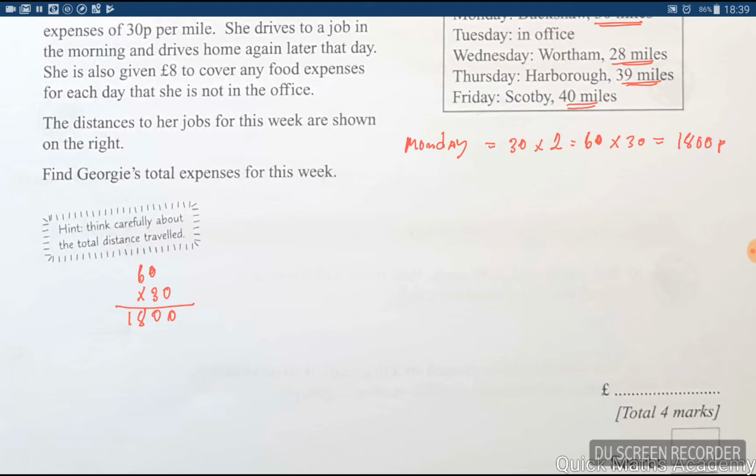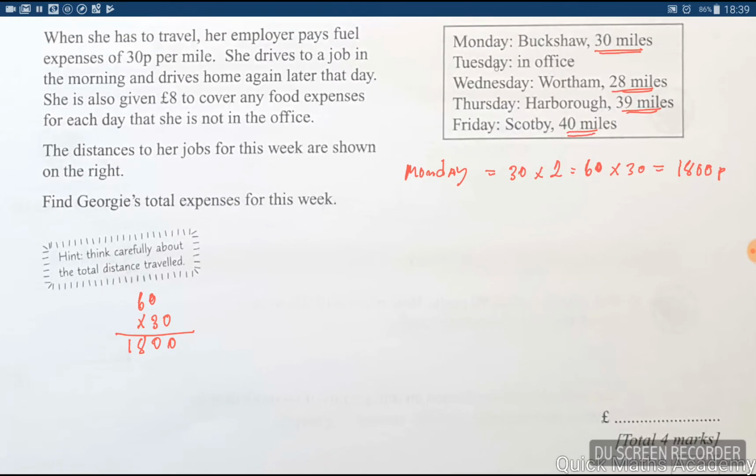Alright. On Tuesday she stayed in the office, as you can see here. On Wednesday she traveled 28 miles. So Wednesday, it's 28 times 2, which will be 56 miles.